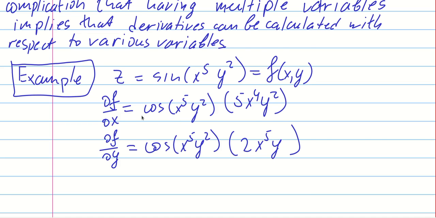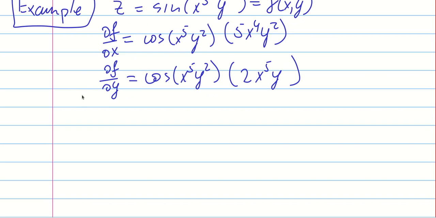But then we have a couple of different choices. So for example, we can go over here with the partial with respect to x and do it a second time with respect to x. So this is going to be d squared f dx squared, if we use notation similar to calculus 1, and usually people write f and put 2 x's on the bottom. So second partial of f.